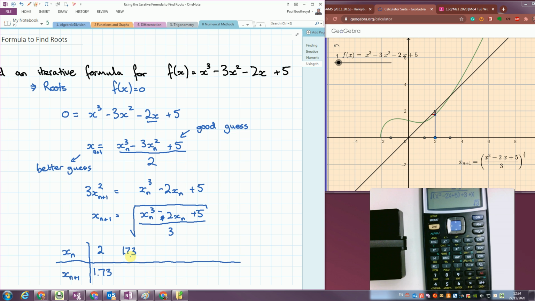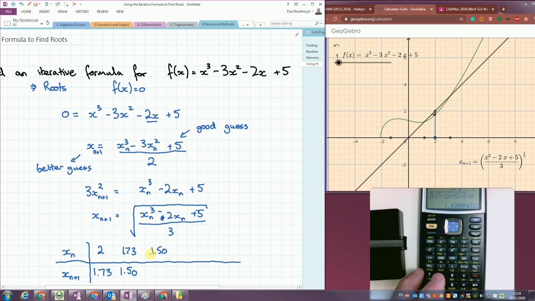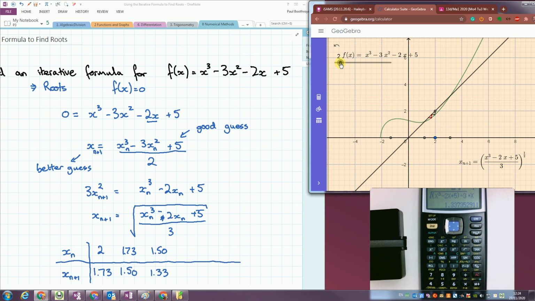So I've still got my root 3, the 1.73. Press it again, I get my next iteration value, 1.50 to the nearest decimal place, but you can keep accurate because we're using our calculator. Press equals again, gives me the next iteration, 1.33. So we're on iteration number 3 up here.